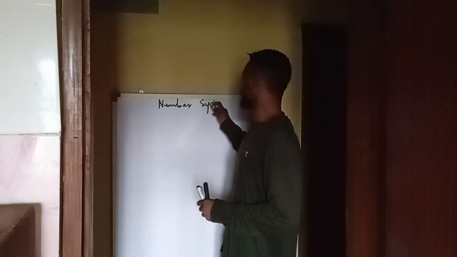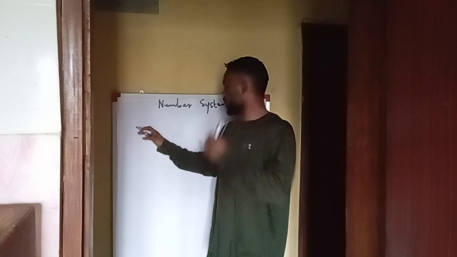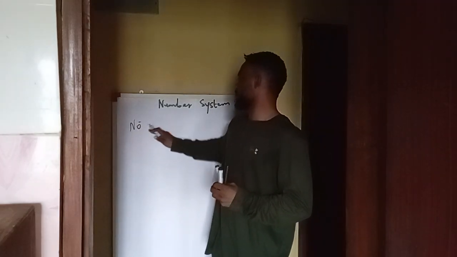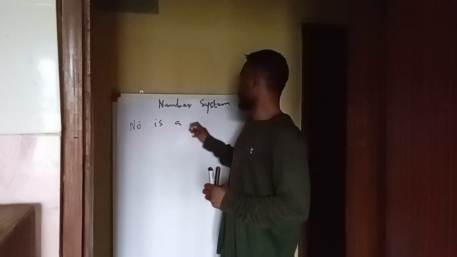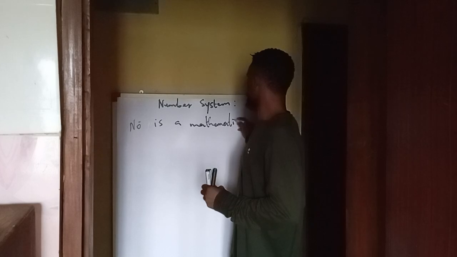In number system, I need to first of all make an introduction of what number is. We say that number is a mathematical object. I can say it's a mathematical tool.